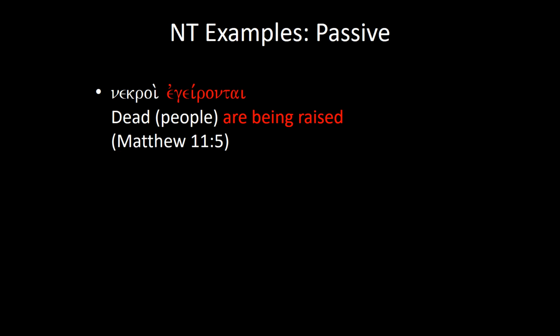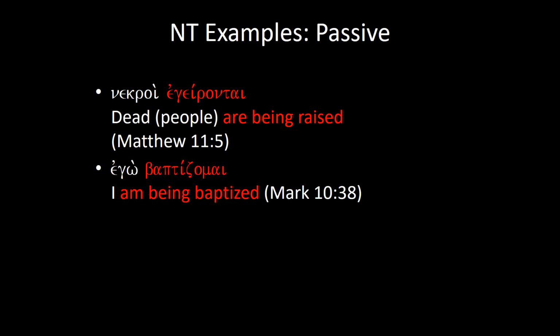Are being raised. Nekroi egairontai. Ego baptizomai. This is from baptizo, I baptize. This is that o my ending, so it's middle or passive. In context, it's passive, so it's translated, I am being baptized.